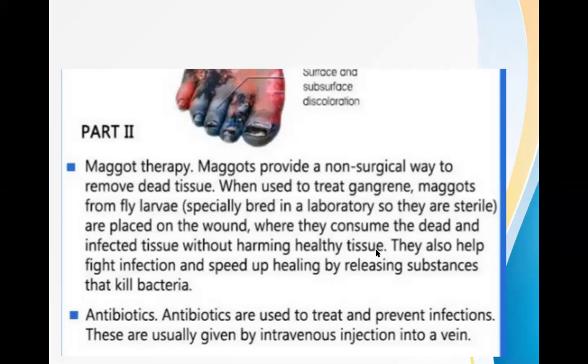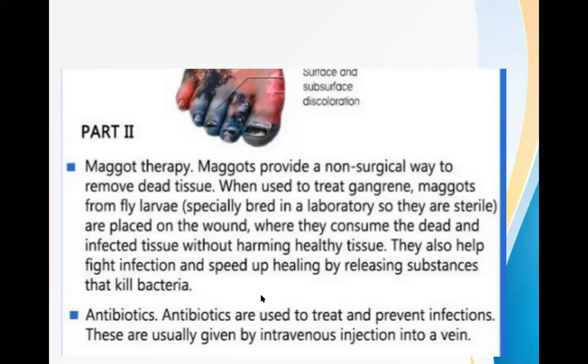That is the first thing. Second, they also help fight infection and speed up the healing process by releasing some bactericidal substances, so they can kill the bacteria, and the healing is sped up. So these are two important effects of maggot therapy.